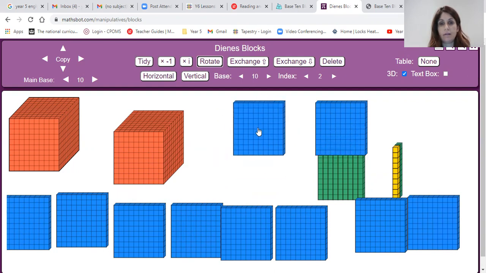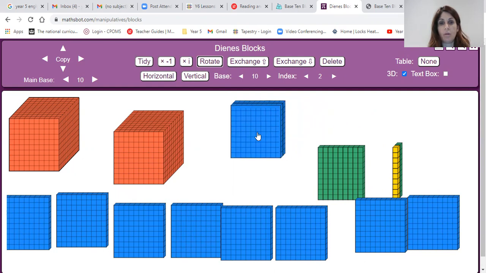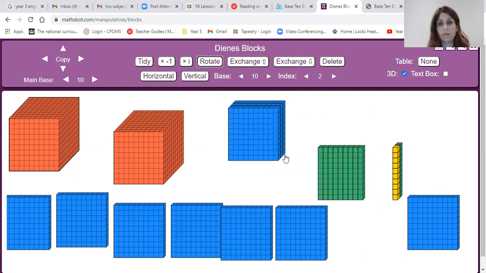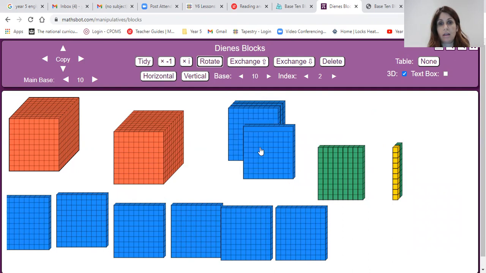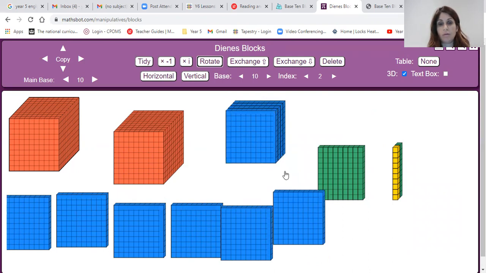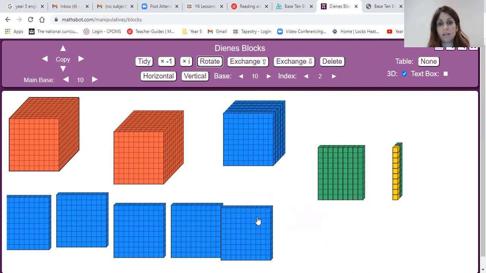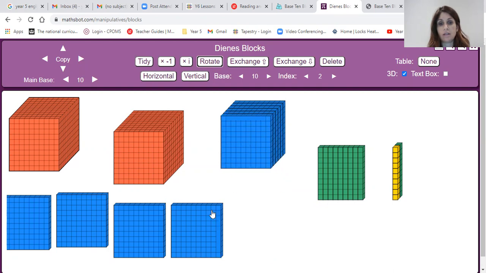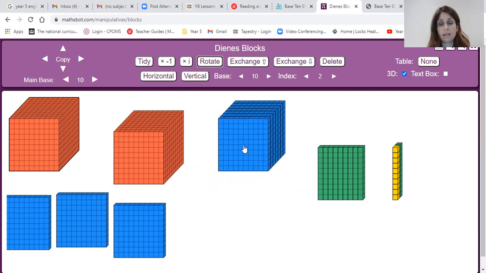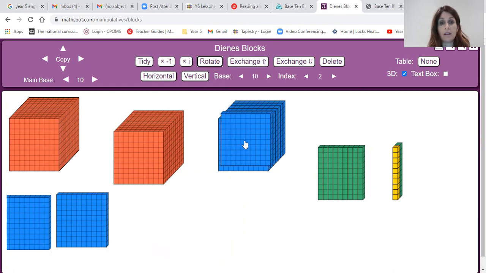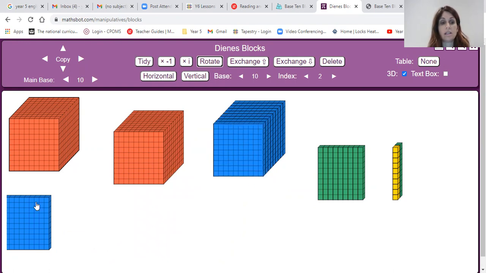Look, if we put them all together, that's 100, which is worth 0.1. That's 200, which is worth 0.2. 300, 0.3. 400, 0.4. 500, 0.5. 600, 0.6. 700, 0.7. 800, 0.8. 900, 0.9.